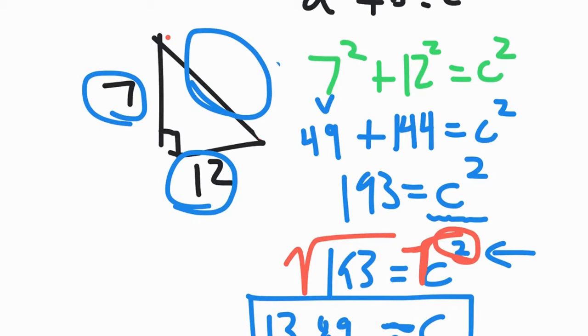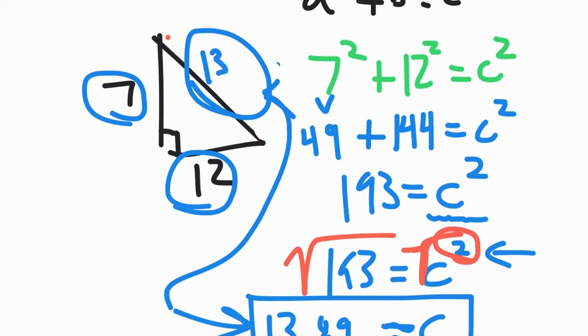So, does this answer make sense? If I put it back in my picture, is it still true that my hypotenuse was my biggest side? And the answer is yes. 13.89 is bigger than either 7 or 12. Okay, so this is how you solve for hypotenuse.